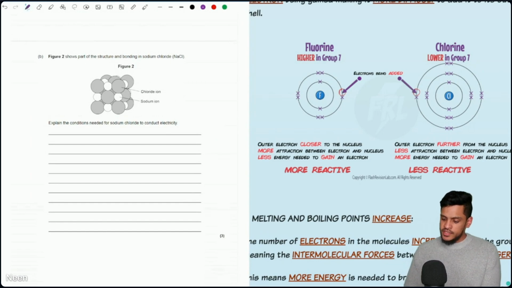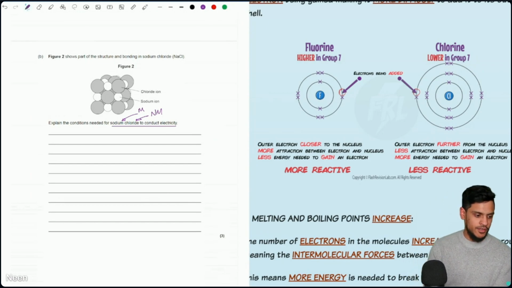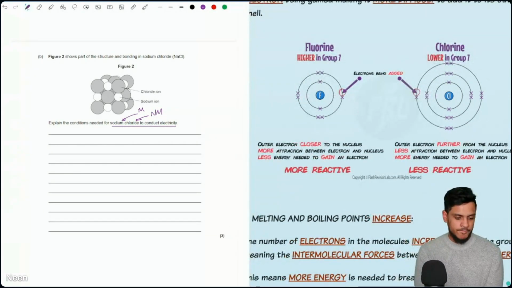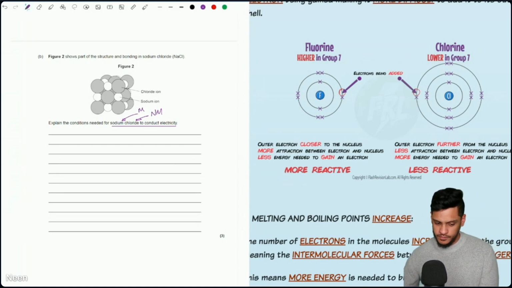Explain the conditions needed for sodium chloride to conduct electricity. Okay, we've done this already. Who remembers? What do you need to do to sodium chloride for it to conduct electricity? Sodium is a metal, chlorine is a non-metal. Who remembers? We did it about half an hour ago, 20 minutes ago. Everyone forgotten already?